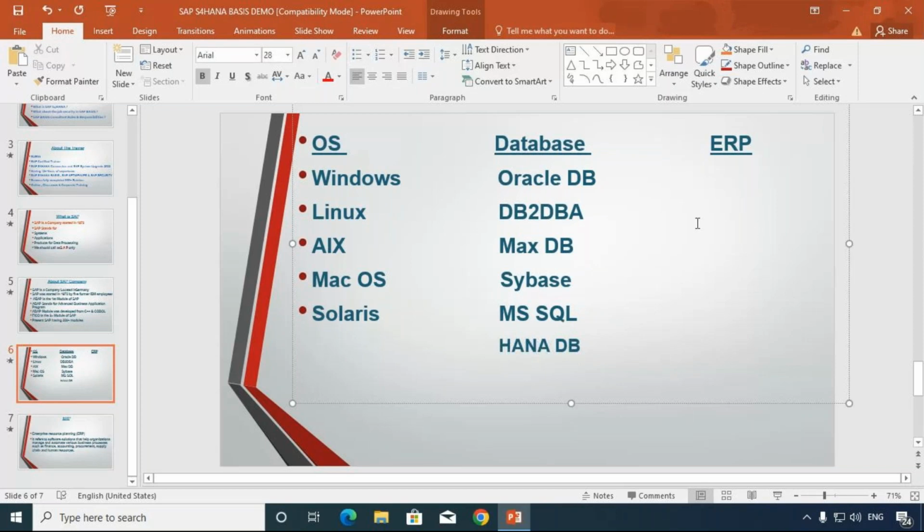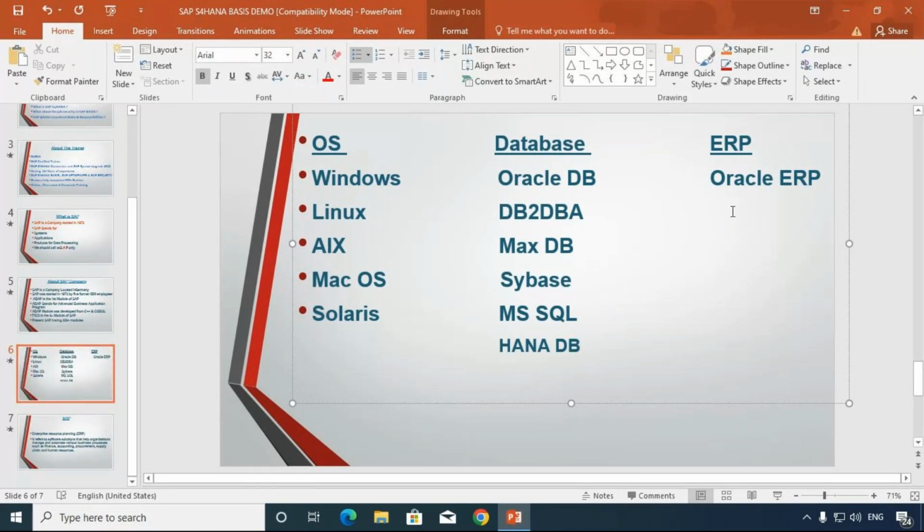In the same way, we have different ERP companies available in the market. Oracle ERP. We'll discuss what ERP is once, then we'll discuss all these competitors.